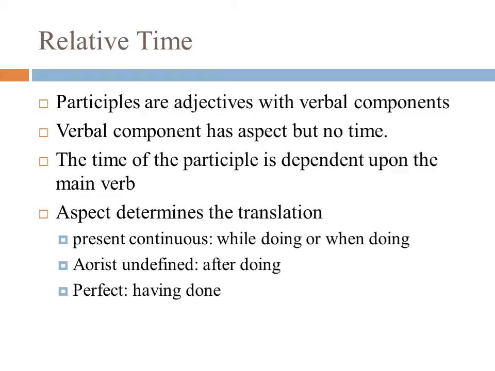If it is in the aorist, it means it is not continuous. So if the main verb is in the present and the participle is in the aorist, its relative time is after. So after doing would be what the participle would be. And the perfect would be having done so and so, Jesus went.